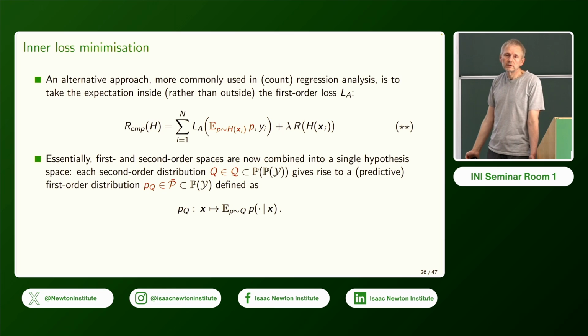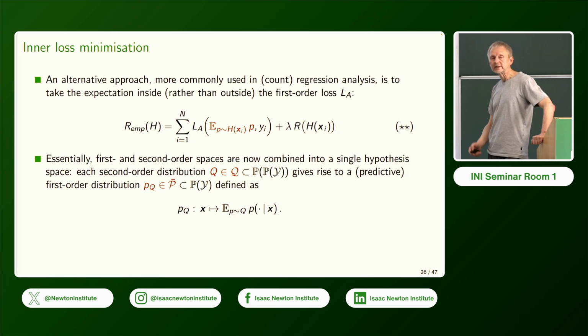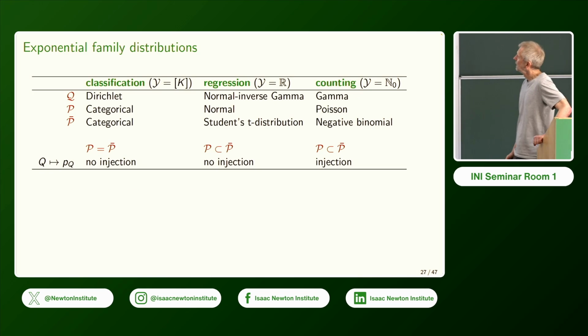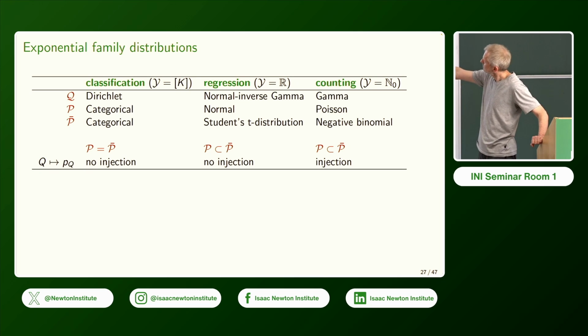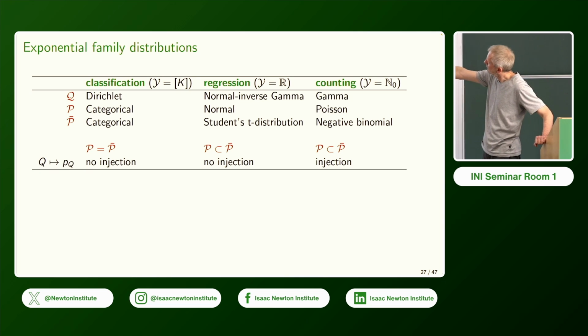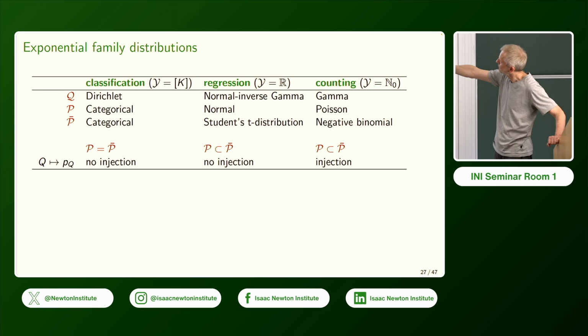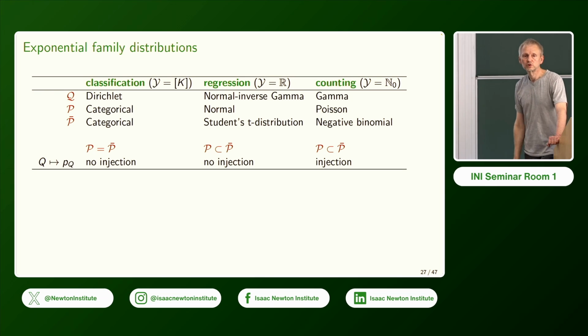And then the question is, do we gain anything? Or, also, can we expect that the learner in this way will be able to learn meaningful second order predictions? And you can answer this question by looking at how this space P bar actually looks like when you start from a certain space of first order distributions P.